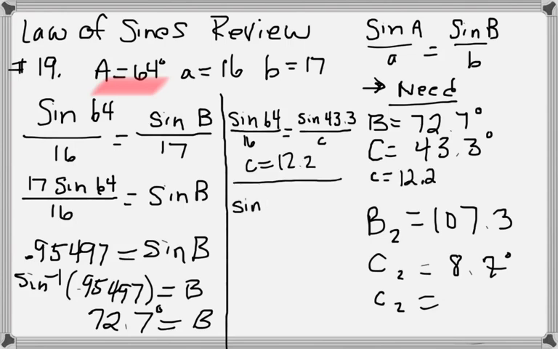And let's do the same thing for the bottom one. Sine of 64 over 16 equals sine of 8.7 over C2. Now notice that I used sine of 64 over 16. Anytime you have the option of using what was originally given to you, use it.